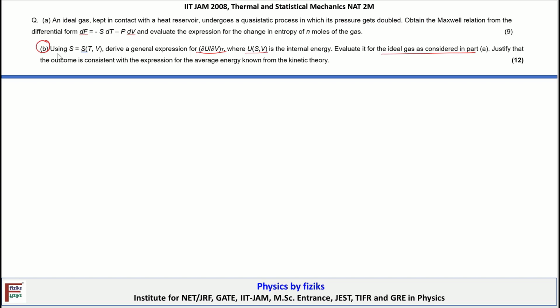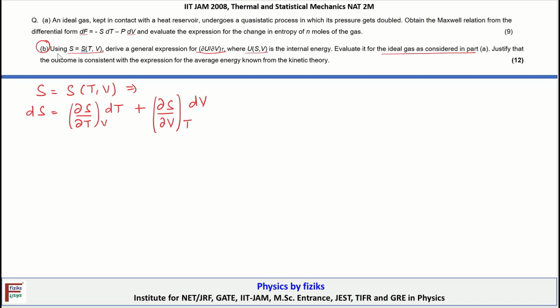The first information given to us in this question is that entropy is a function of T and V. So S is a function of T and V. This allows us to write a small change in entropy dS equal to (∂S/∂T) at constant V dT, plus the change in entropy with respect to the second variable, (∂S/∂V) at constant T dV. Let's call this equation 1.